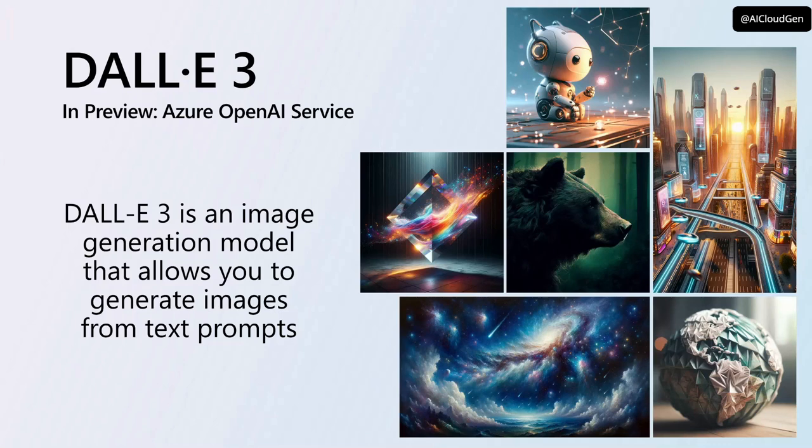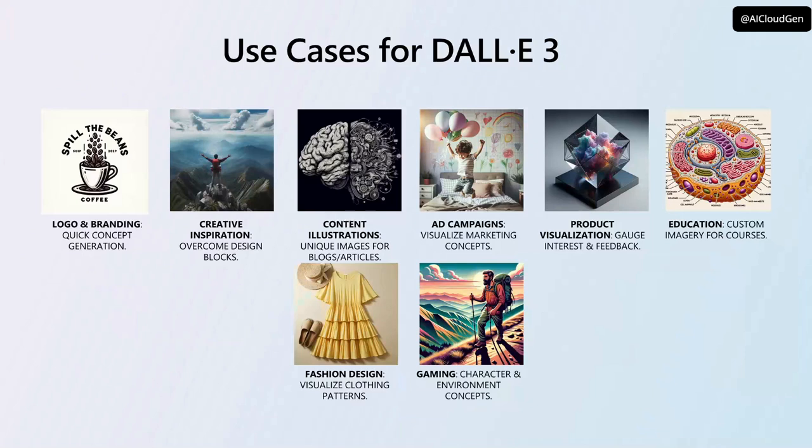Some of the use cases where you can use DALL-E: quick concept generation for logos or branding, creative inspiration for images, content illustrations for your blogs or articles, marketing campaign visuals, custom imagery for your courses, or fashion design, where people want to visualize clothing patterns. And last but not the least is gaming characters. If you want to create avatars for your different gaming characters, of course, you can use DALL-E for that.